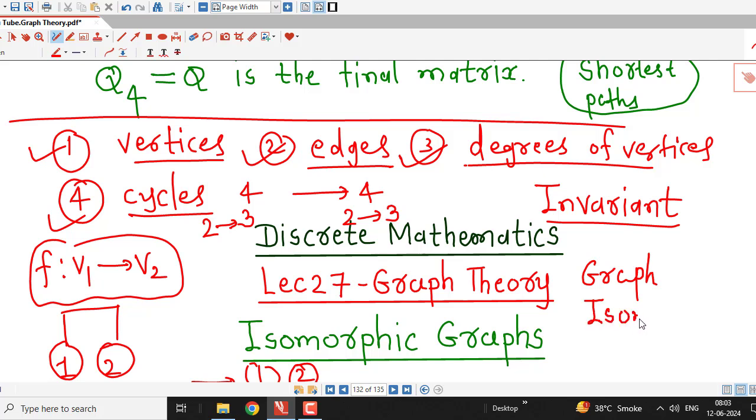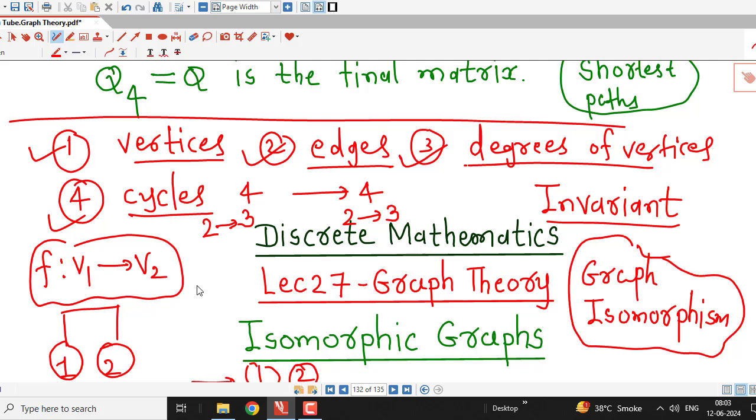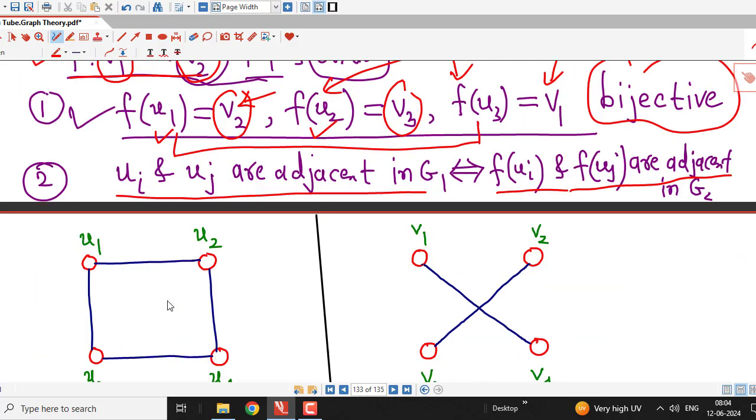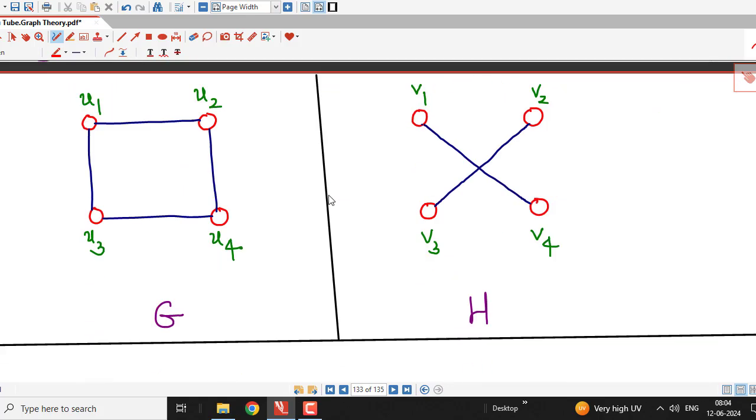To prove that two graphs are isomorphic, we have to establish the existence of graph isomorphism. There are many functions from V1 to V2, but we have to establish the existence of at least one function from V1 to V2 which is 1-1 and onto, and satisfies this property.